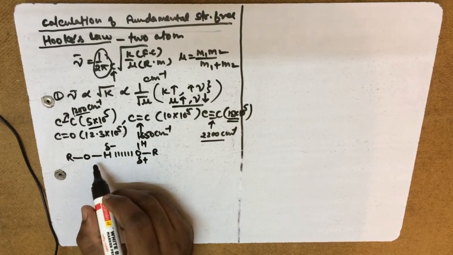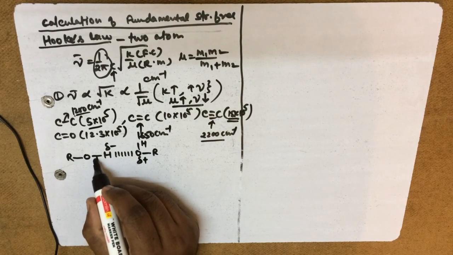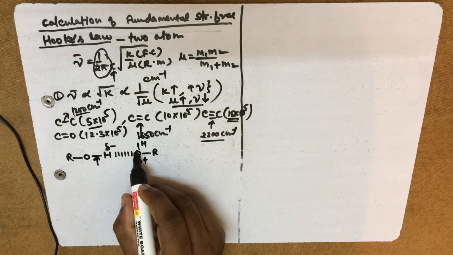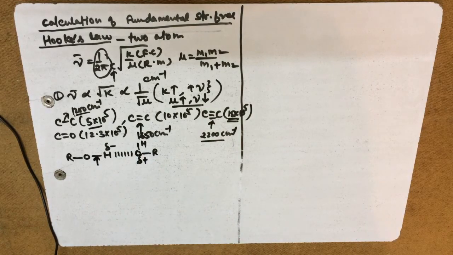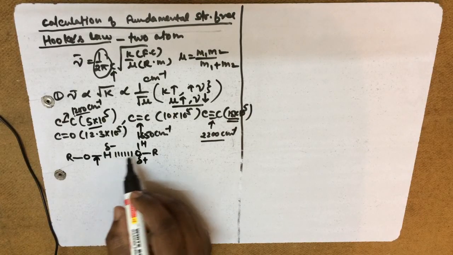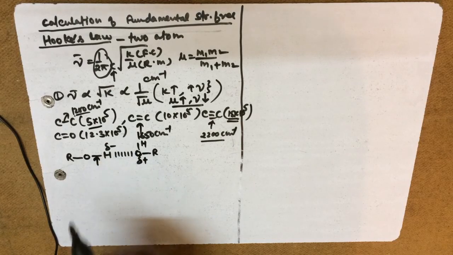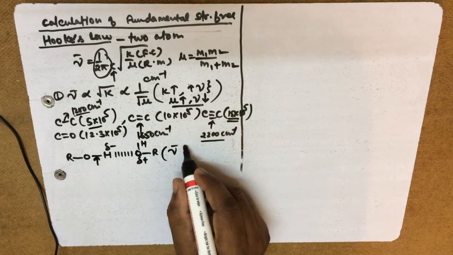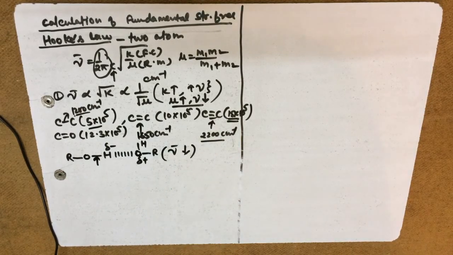When this hydrogen bonds with this oxygen, because the electronegativity of oxygen is higher, the bond moves to this side and the bond length will increase. That's why the stretching frequency goes down. Okay, right.